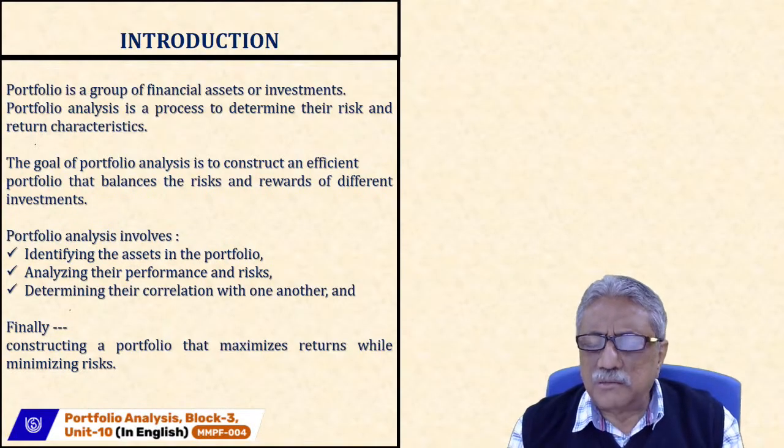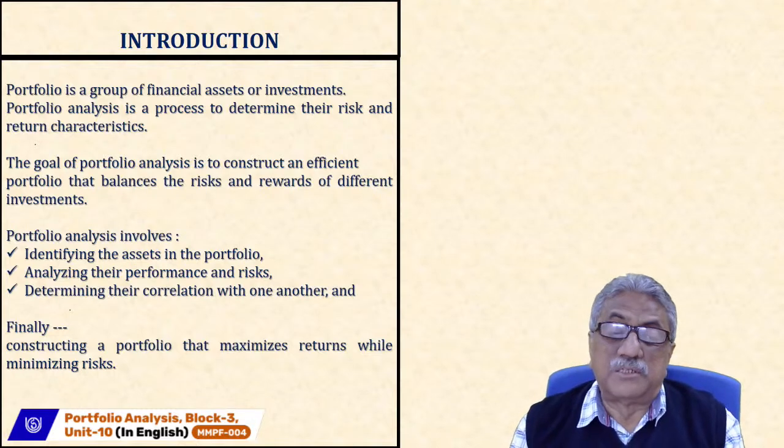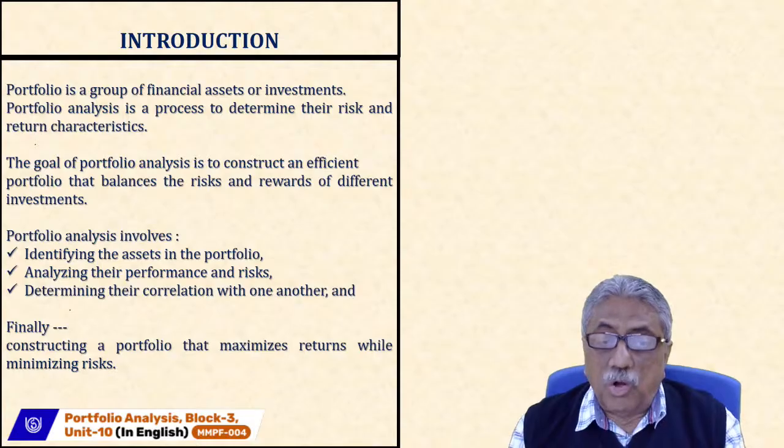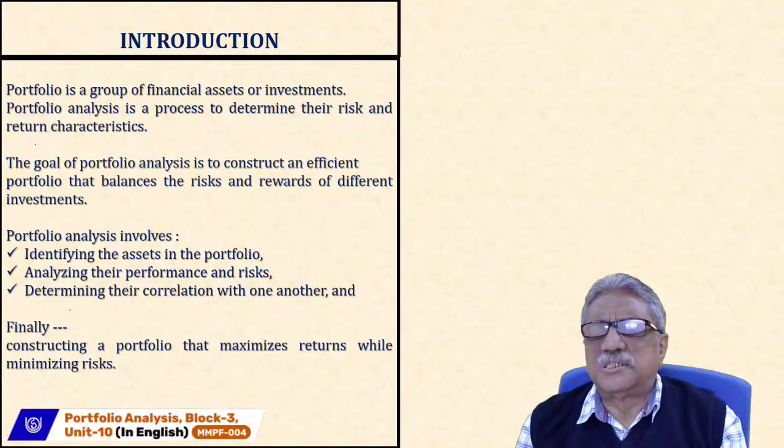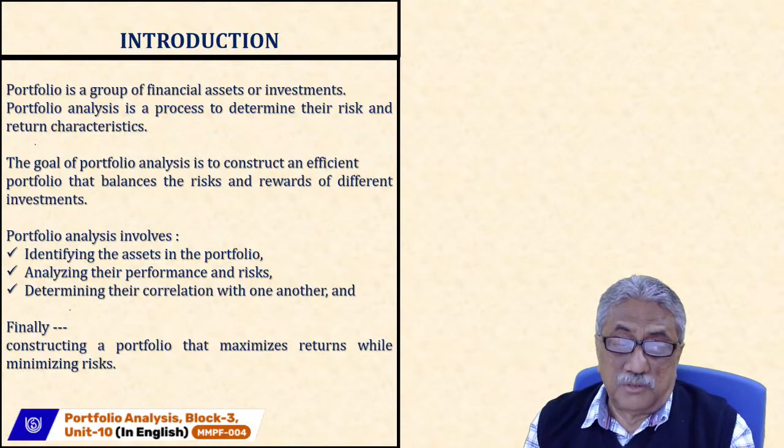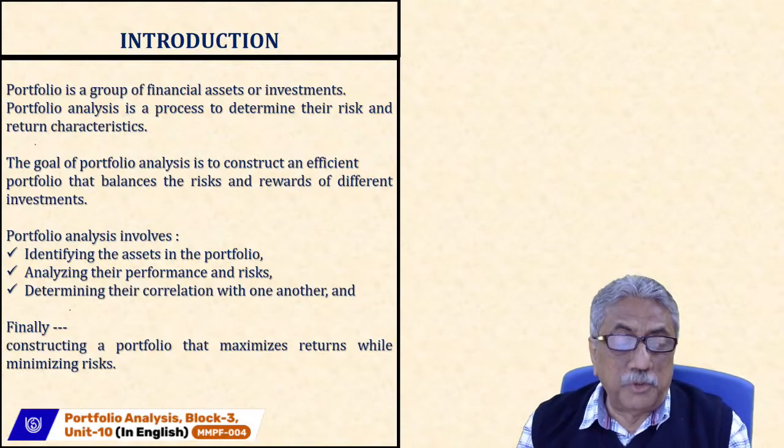So if the risk is, hypothetically, category A, then at that risk you will try to get the best return. Or if you get a return of 12%, you try to find out where my risk is the minimum. That's how you build up your portfolio.